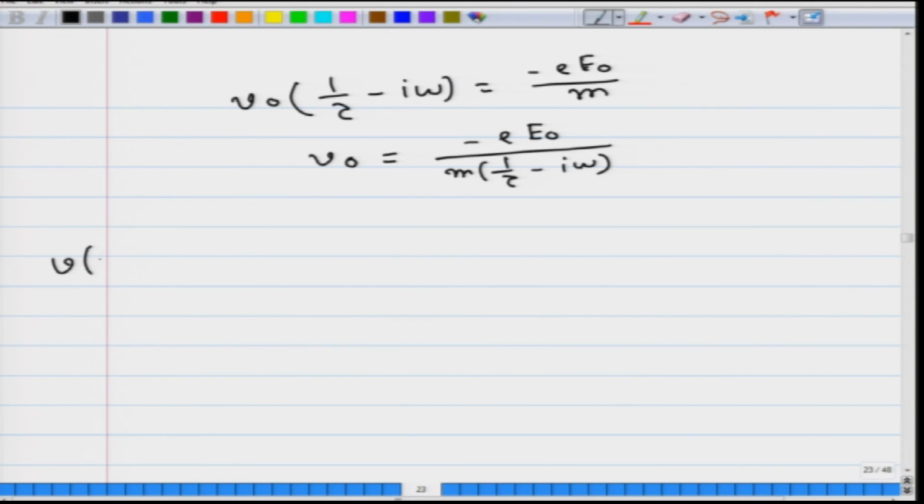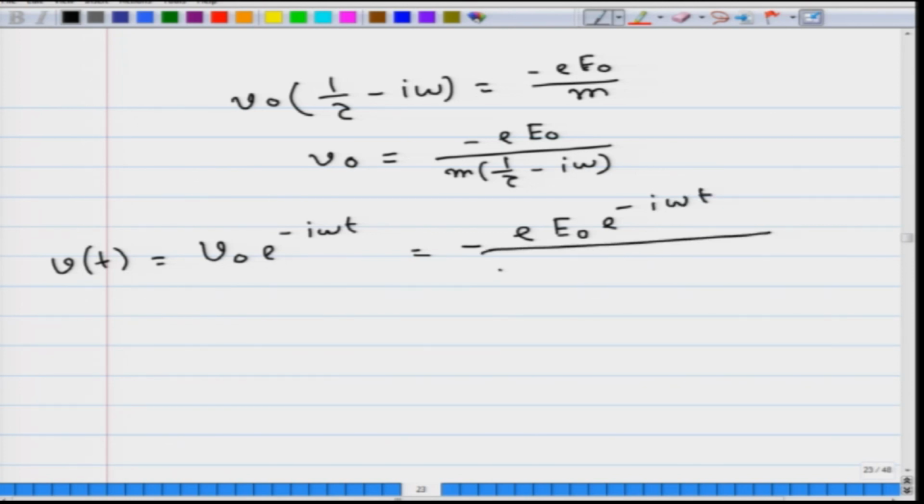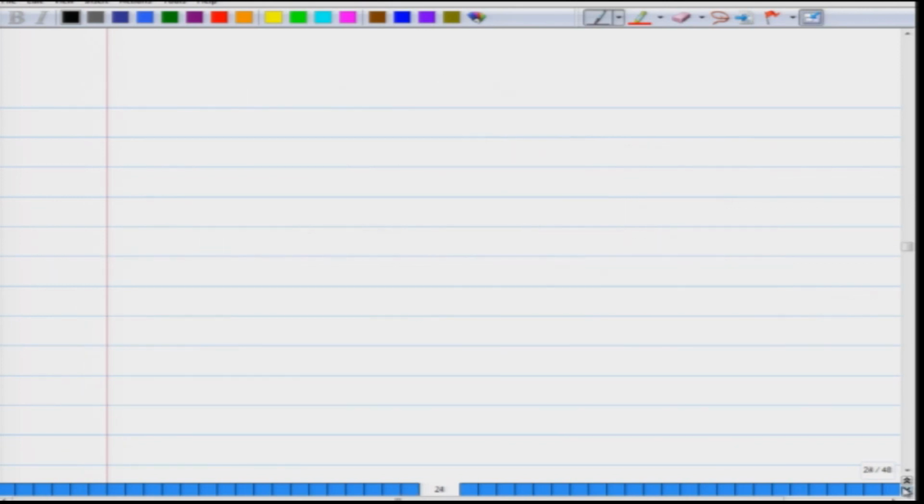So, our v(t) will be v naught e to the power minus i omega t, and we just put this value in. This will be m times (minus i omega plus 1 by tau). This is option C.